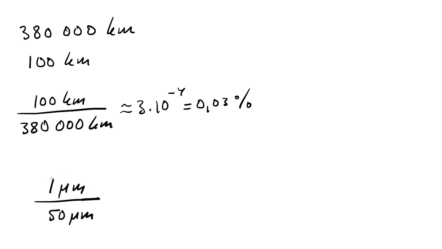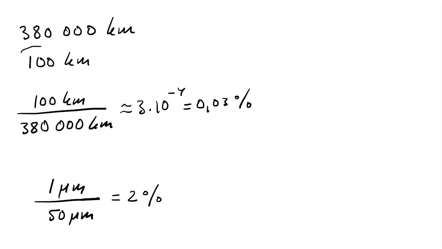We have a measurement error of 1 micrometer, and the measured value is 50. We saw that it was 2%. So we see that the relative error when measuring the width of the hair is much larger than the relative measurement uncertainty when measuring the distance to the Moon from the Earth.